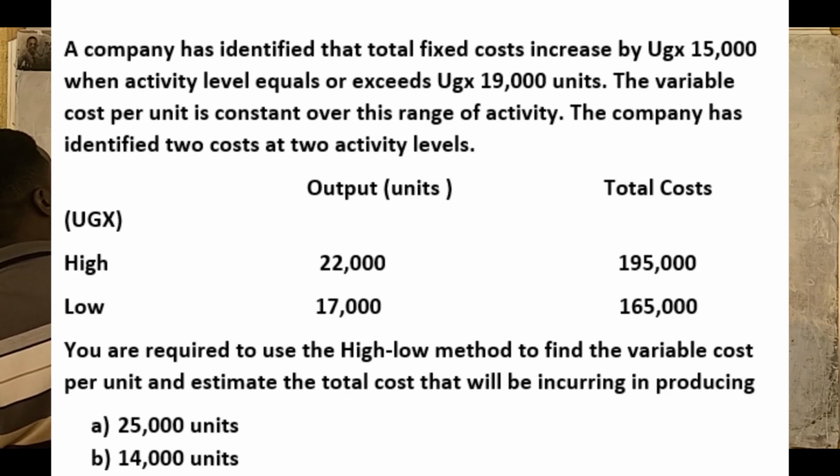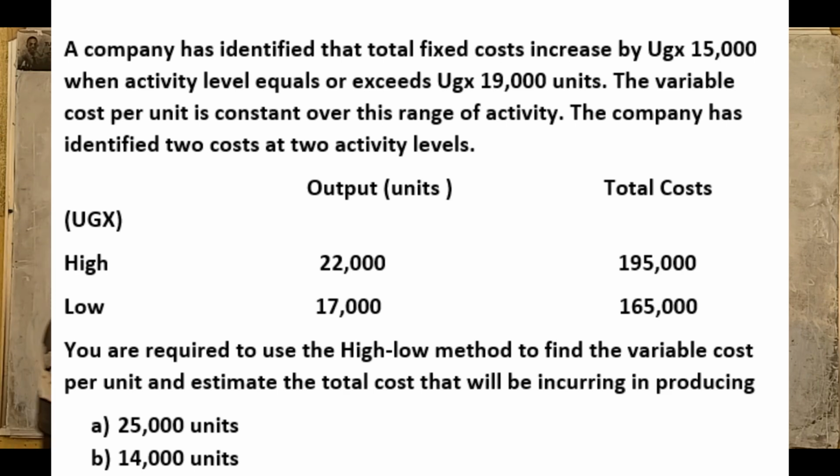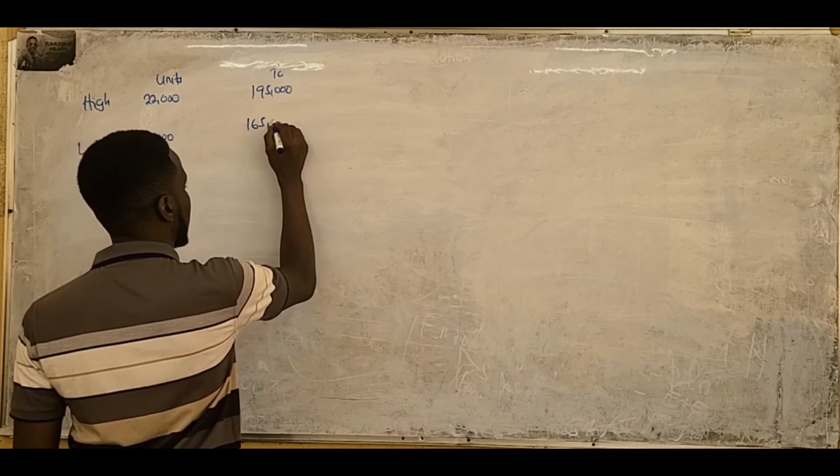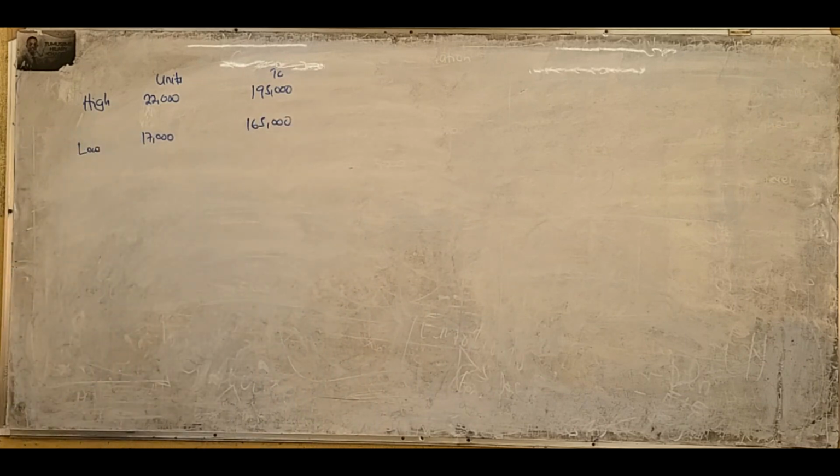Then the lowest is 17,000. And then the total cost is 195,000 for the high, and for the low, it is 165,000. Okay, so this is our display.